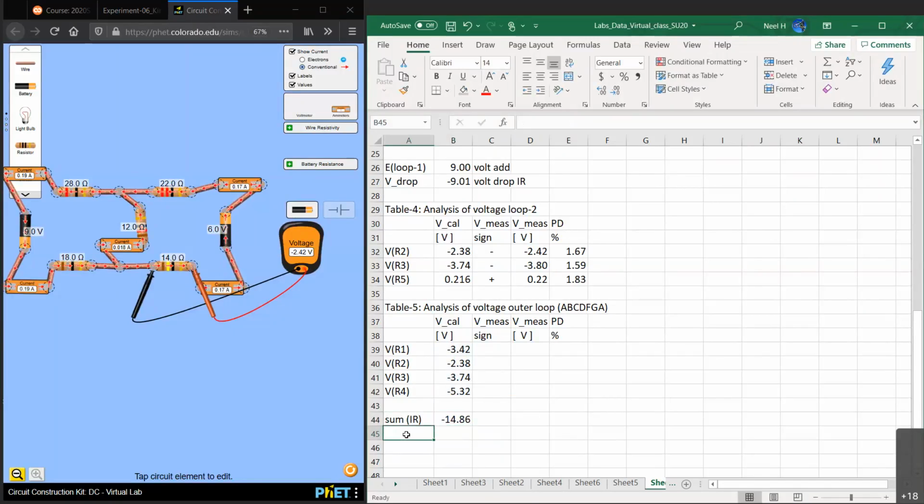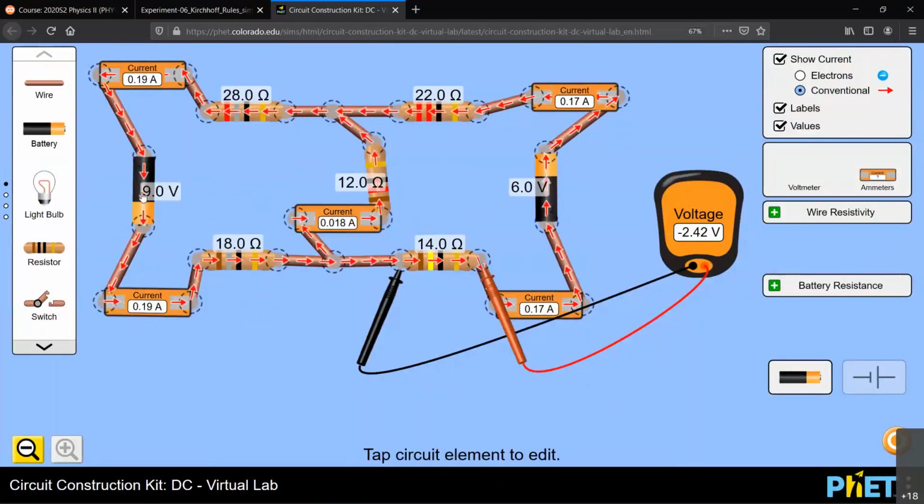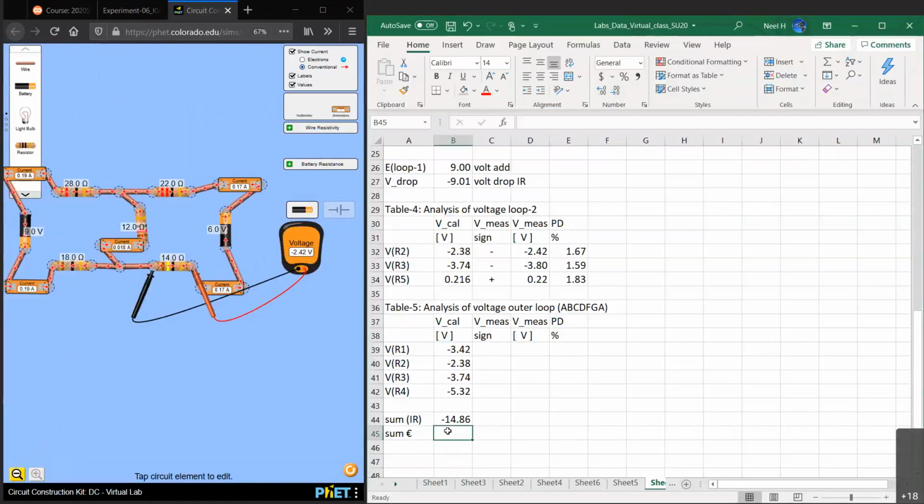Then let's add all the batteries together, the sum of all the E's. So the sum of all the E's on your outer loop: battery number 1, 9 volt. If you go across the other side, battery number 2 is still the positive battery. It should be a positive sign. So 9 plus 6, you will get 15, right? So you're getting here positive 15.